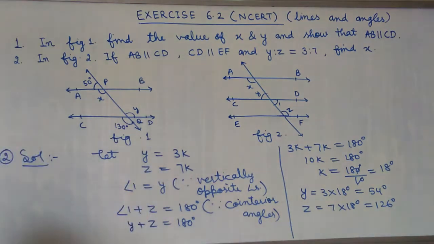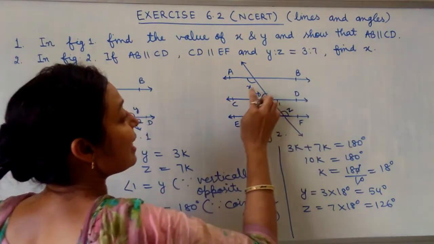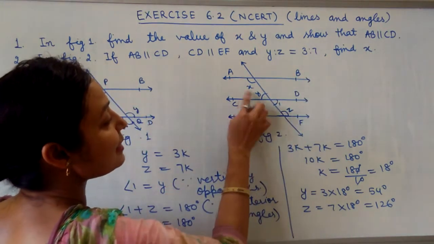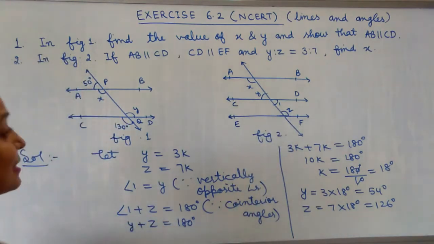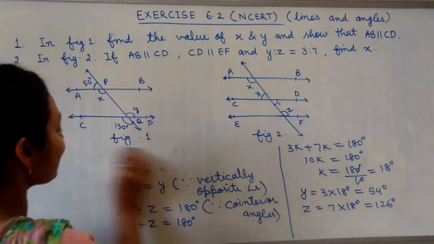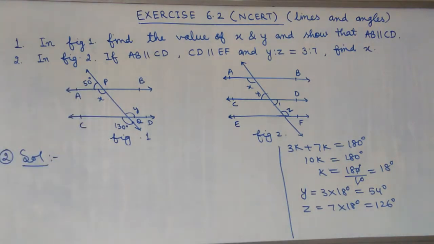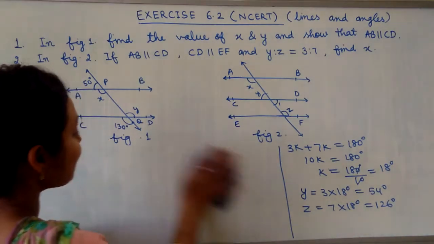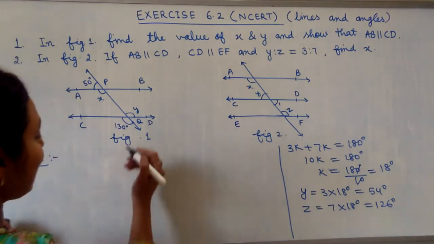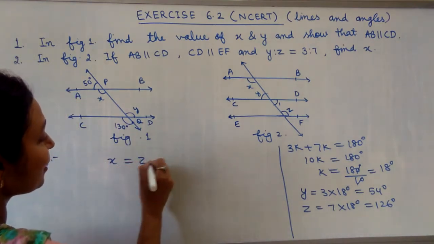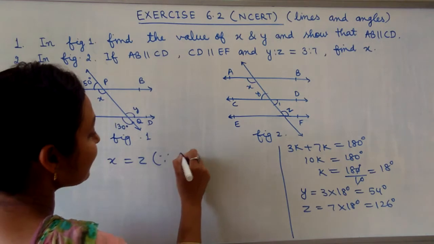Now we have to find the value of x. X and z are on parallel lines, so x is equal to z because they are alternate interior angles. I will use the concept of alternate interior angles.